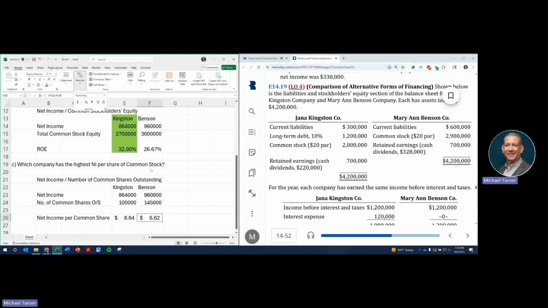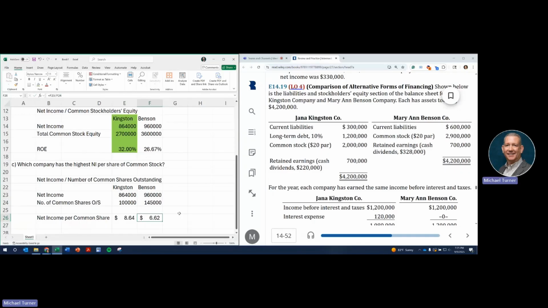So what we can take away from this is that even though Benson had the higher net income, they had the lower net income per share because they had more shares outstanding. So that's a trade-off between Kingston that opted to go with long-term debt carrying a 10% interest rate, meant that their owner's equity was smaller, less number of shares, compared to Benson that does not have long-term debt and therefore opted to issue more shares of stock.